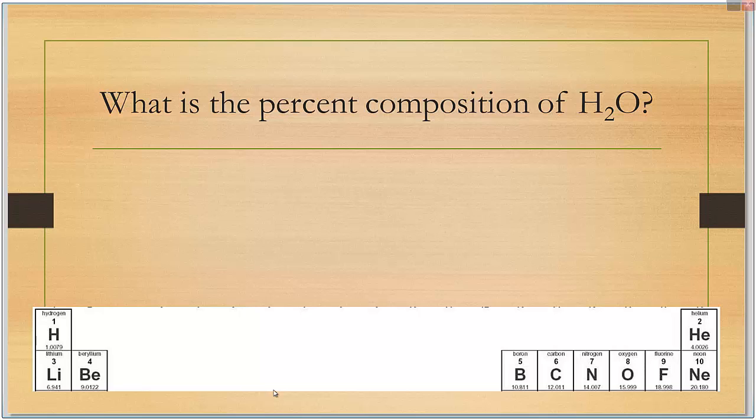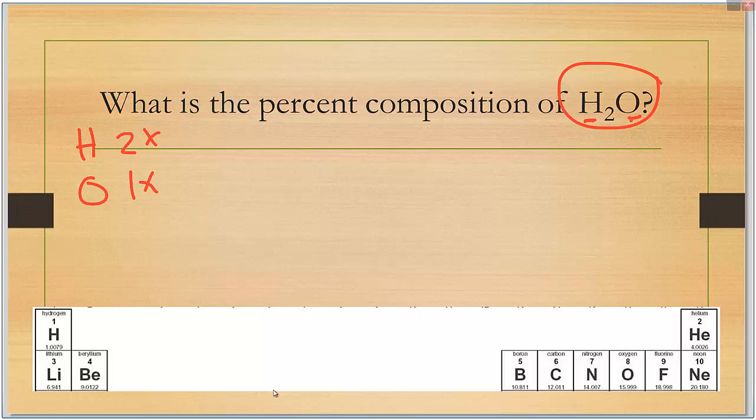Several questions that you'll have might just simply ask for the percent composition. When they ask for this, they're asking for the percentage of both the hydrogen and the oxygen of the compound. So before we begin, we need to figure out what the mass is of all of this. So we have hydrogen and oxygen. 2 hydrogens, 1 oxygen.